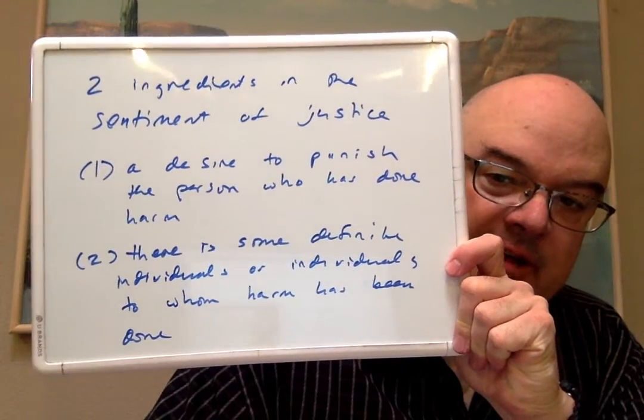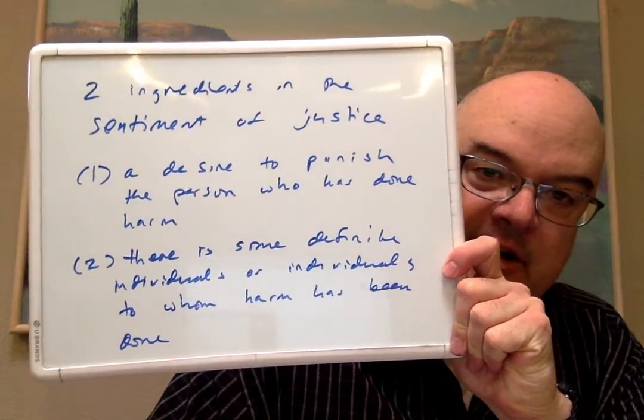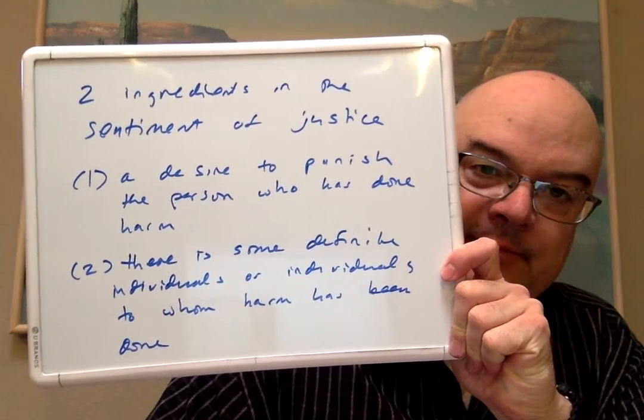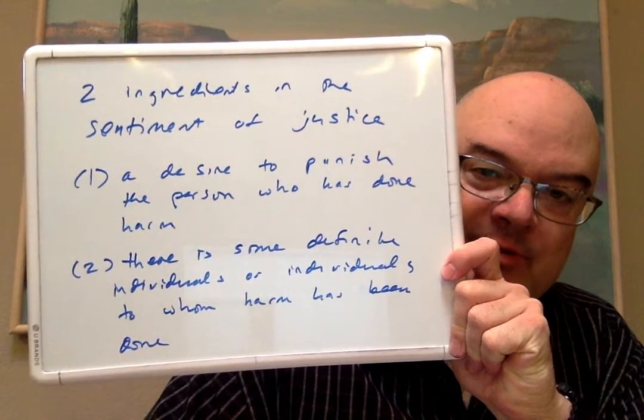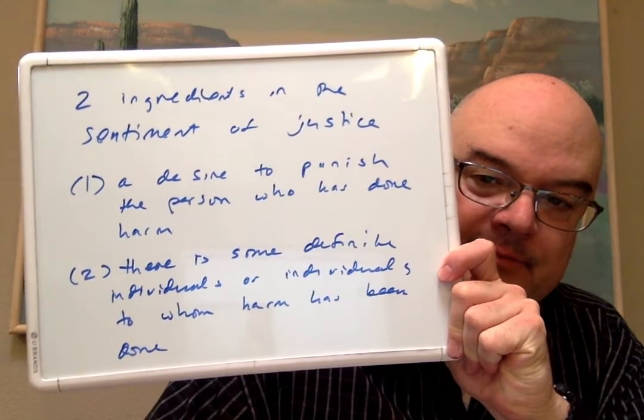Now, the first ingredient, a desire to punish the person who's done harm, Mill traces to two natural sentiments or instincts. So this, he says, comes from one, the impulse to self-defense, and two, from sympathy.